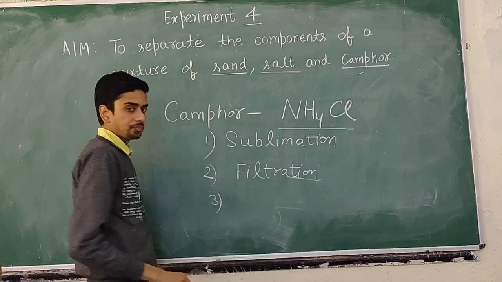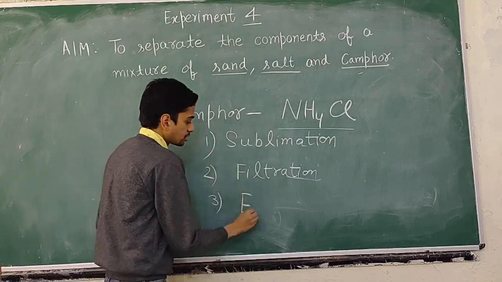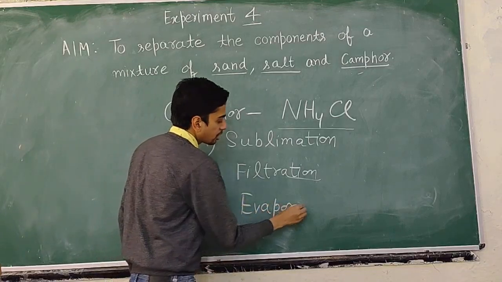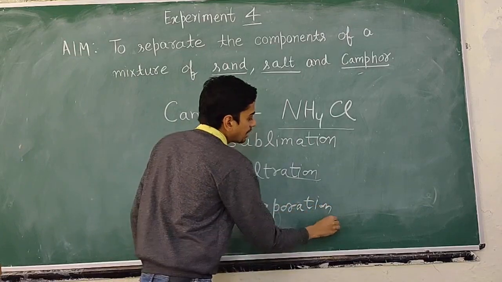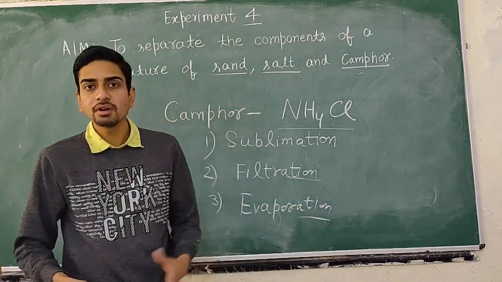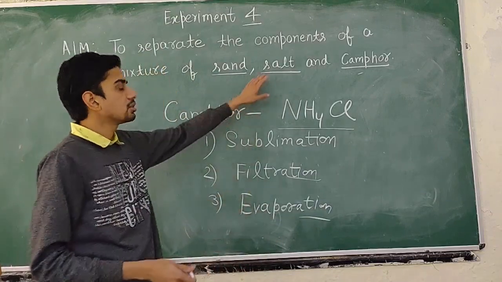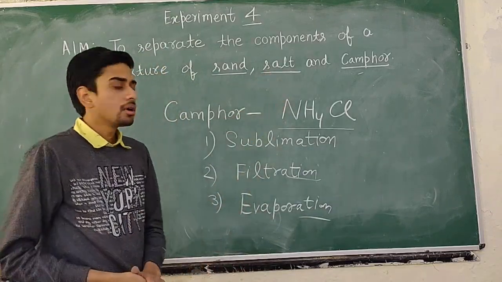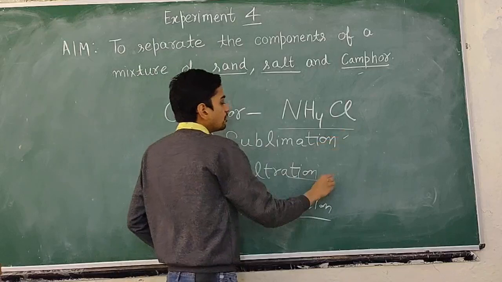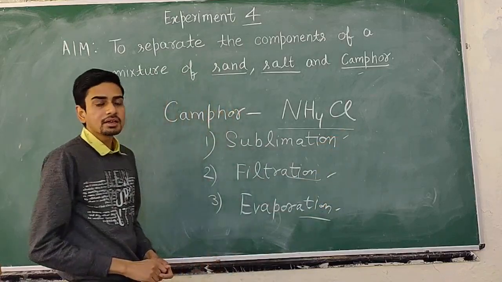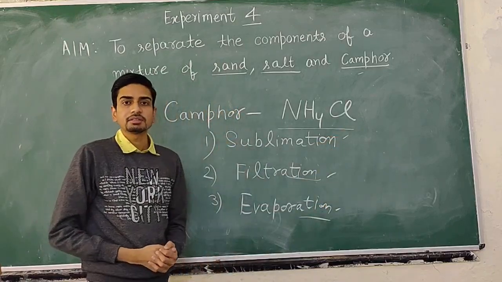Finally, evaporation of water, just like evaporation of seawater gives salt, similarly evaporation of this salt water will also give you salt. So one by one we will carry out these activities and separate the components.